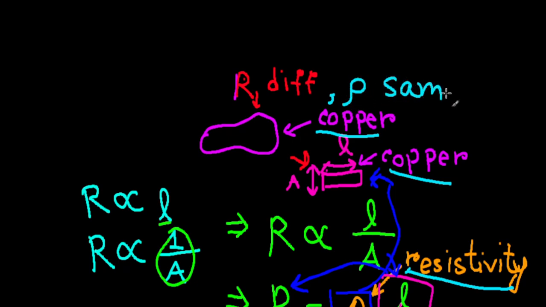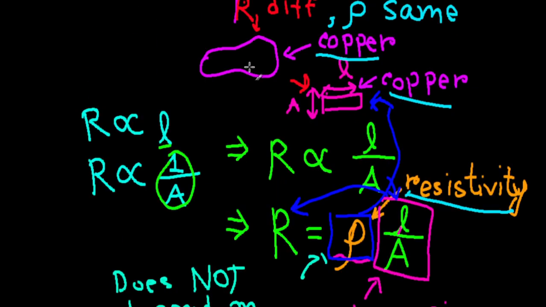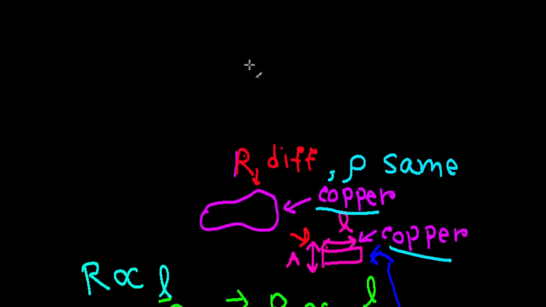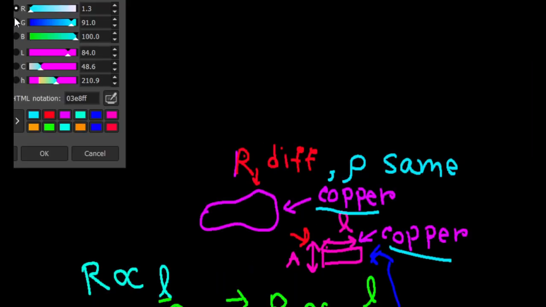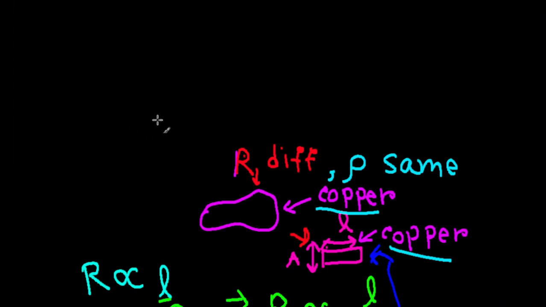Actually, speaking about rho and resistance, we have a very similar analogy to this, which most of the viewers have probably already seen. Do you remember mass and density?